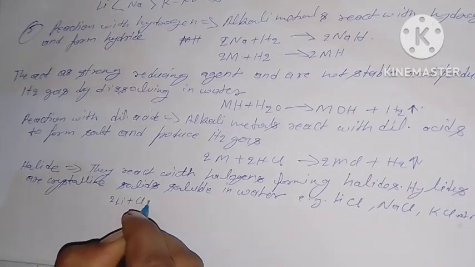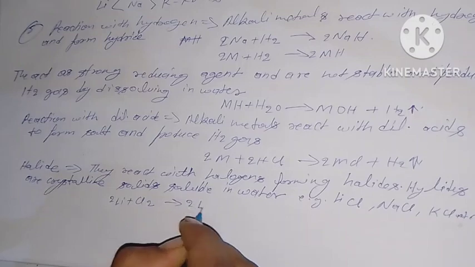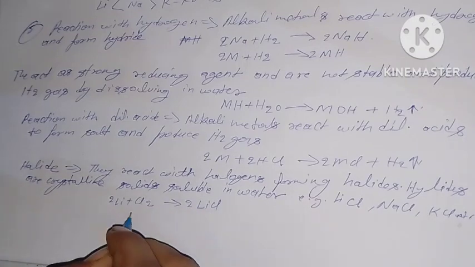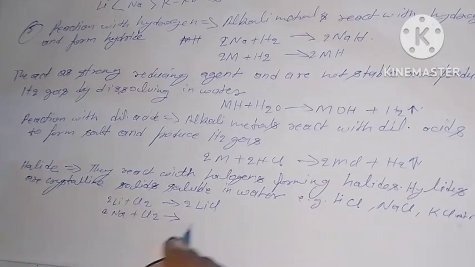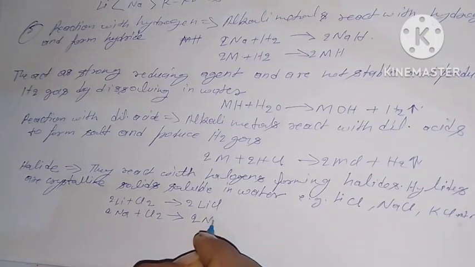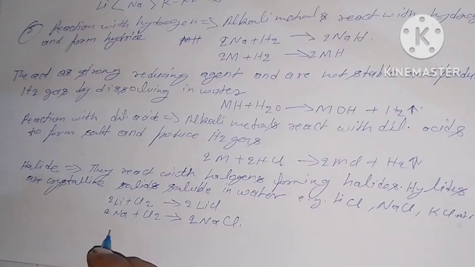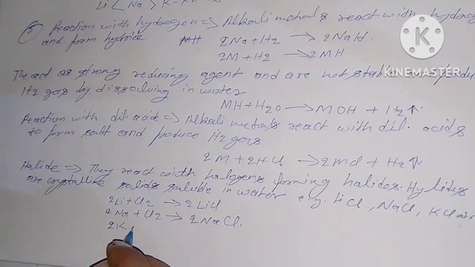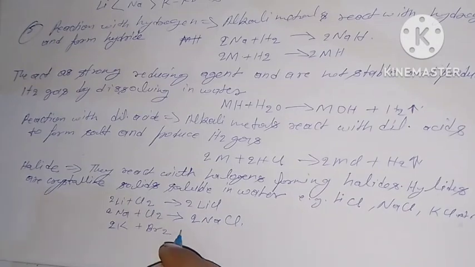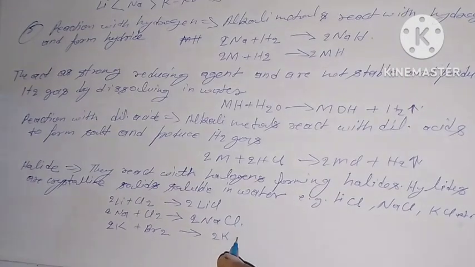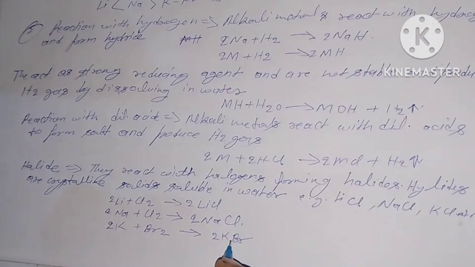2Li plus Cl2 gives 2LiCl. 2Na plus chlorine gas gives 2NaCl. 2K, that is potassium, plus bromine, Br2, gives 2KBr, potassium bromide.